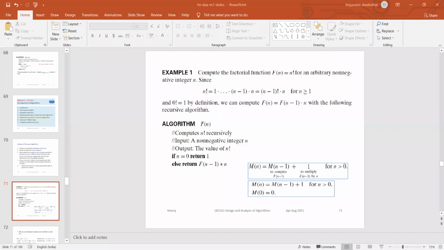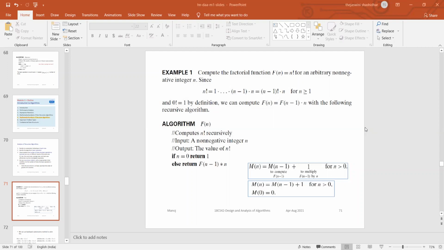Answer in the chat box. Just go through this. If n factorial is equal to f of n, what is the similarity?